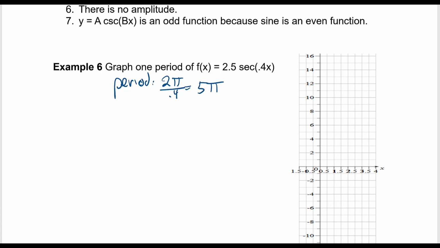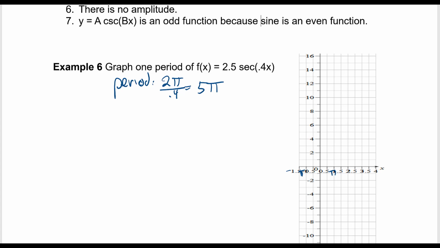Maybe we'll just change the values down below. Let's see, I'm going to go from negative 1.5 pi, and this would be pi here.